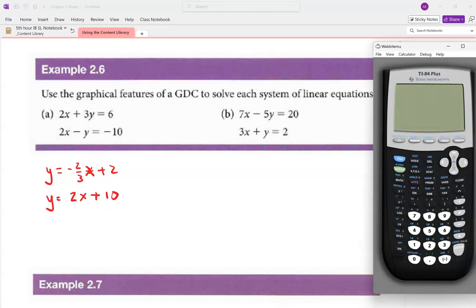So into my calculator we go. If you have your calculator with you and you wish to follow along, because you're like, I don't really remember how to do this, that's great. I encourage you to do so. So I'm just going to go ahead and type in the 2 equations as they appear on my sheet of paper into my calculator.